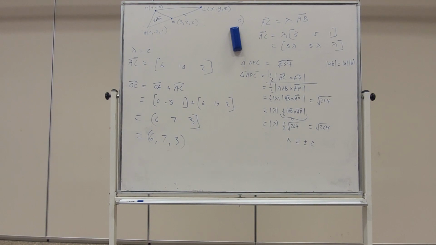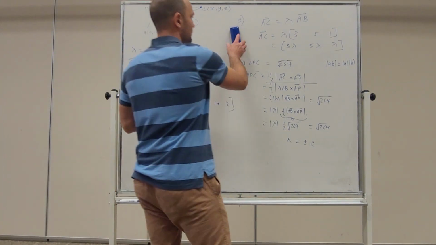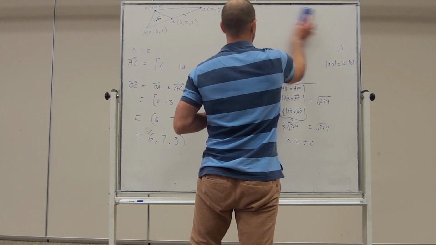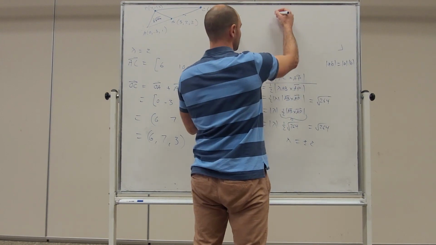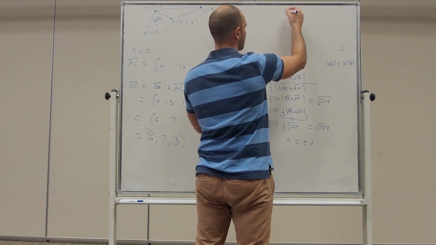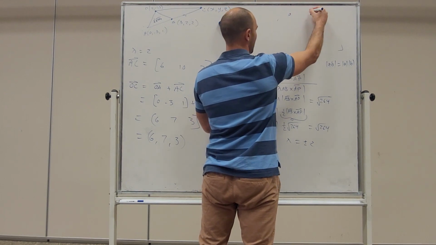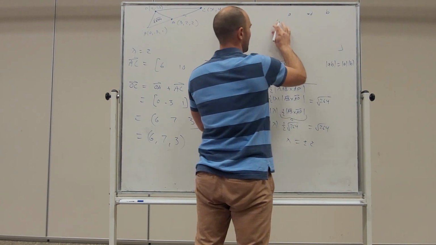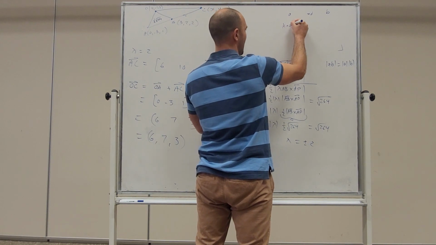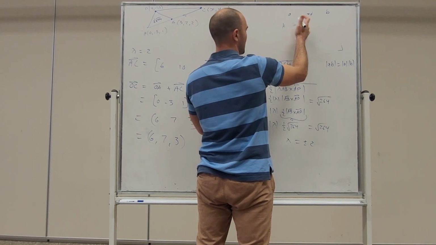But this is the property we're pointing out. Maybe I can just list it nice and clearly: if we have two vectors A and B, and we have KA, not dot product, K is a constant.